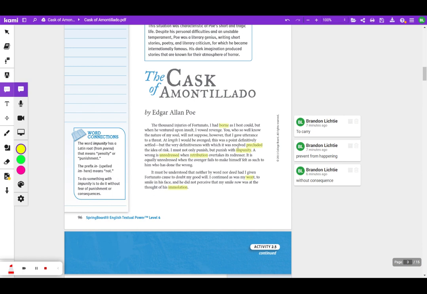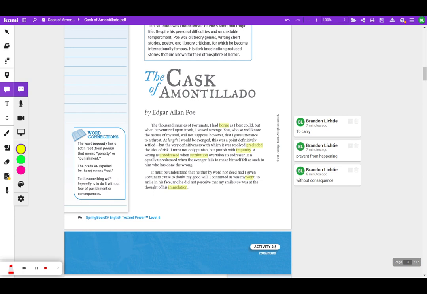He's carried these injuries the best he could, but Fortunato finally did something, and now Montresor wants revenge. However, Montresor says he did not give utterance to a threat, meaning he never let on that he was going to do anything to Fortunato. He never even let Fortunato know that he was upset with him.